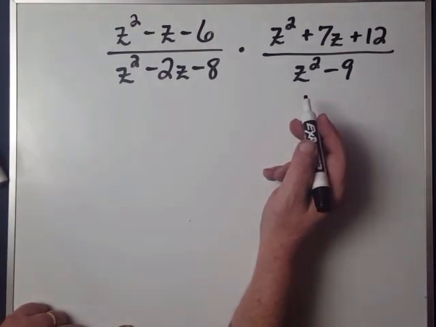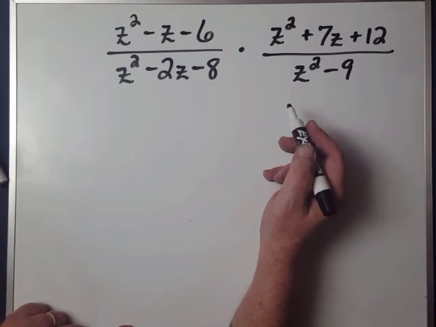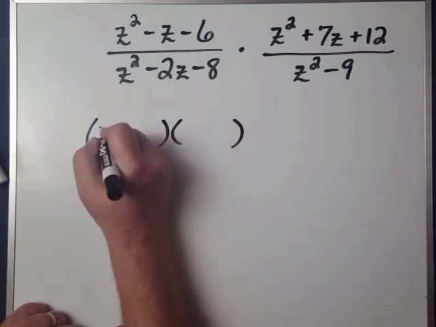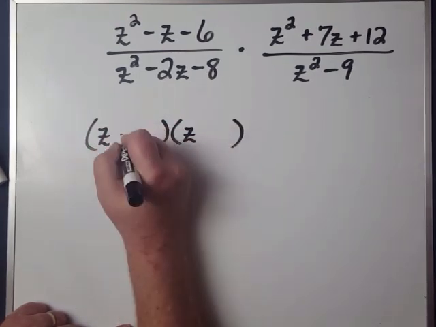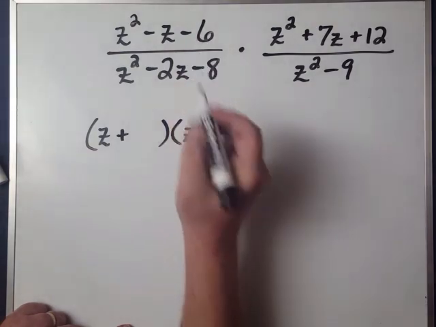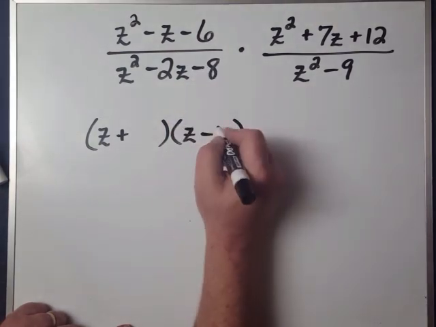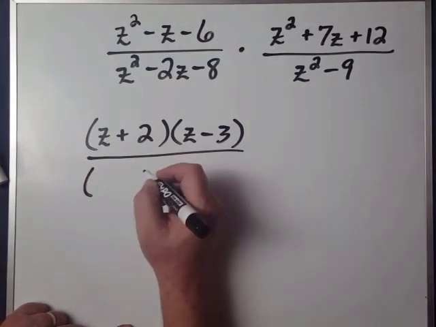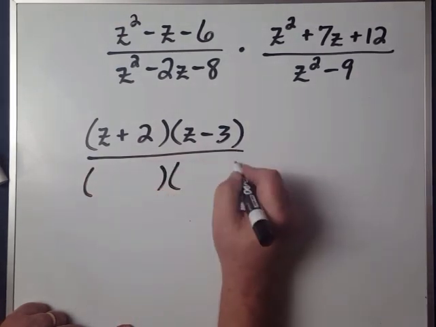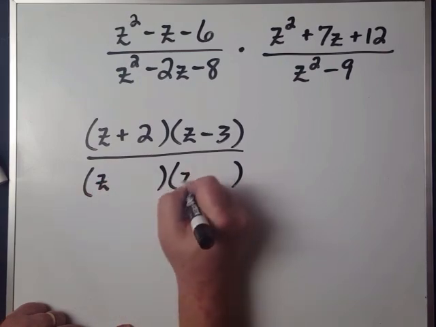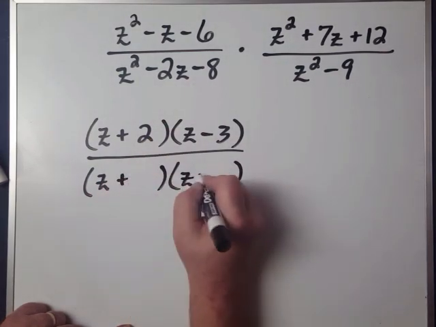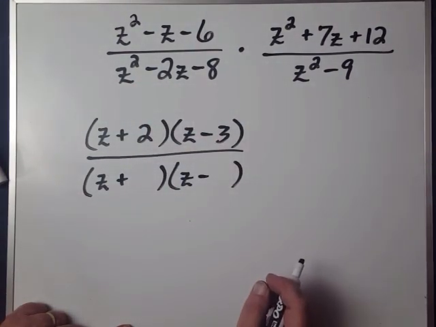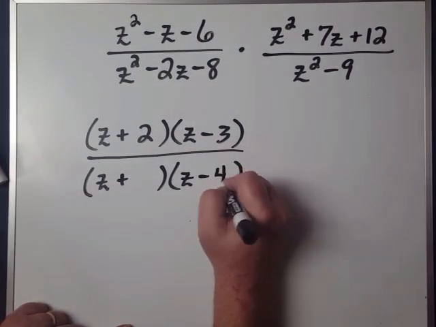We're going to start by factoring everything so we can cancel and then finally collect survivors. This first numerator, pair of binomials, each starts with z, signs are opposite, product of negative 6, sum of negative 1, it's got to be minus 3 and plus 2. This first denominator, pair of binomials, each start with z, signs are opposite, product of negative 8, sum of negative 2, it's got to be a negative 4 and a positive 2.